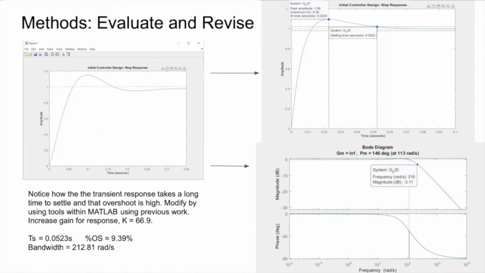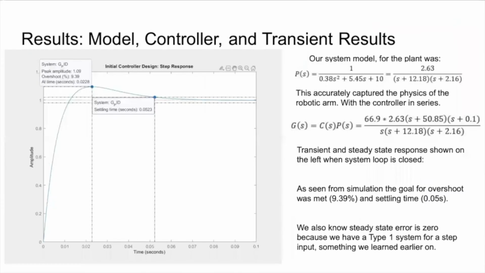So we use MATLAB as a tuning tool, and by increasing the gain, we can end up with a system that meets all requirements. You can see here that the settling time was 0.05 seconds. Our overshoot was 9.39%. On the right-hand side here, we have two graphs, which we will cover in a little more detail just after this.